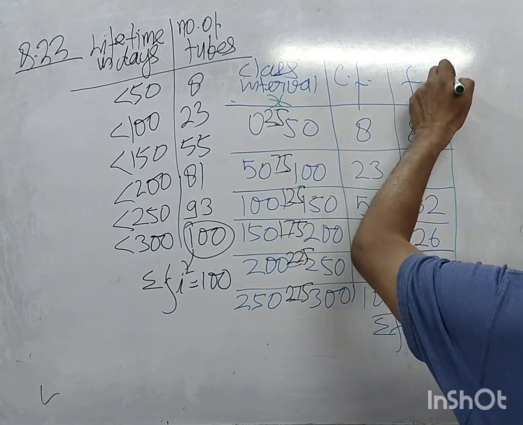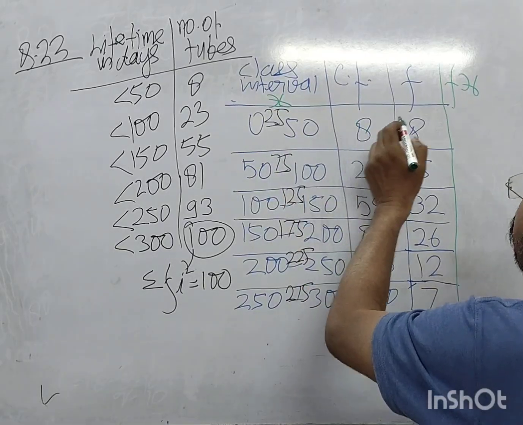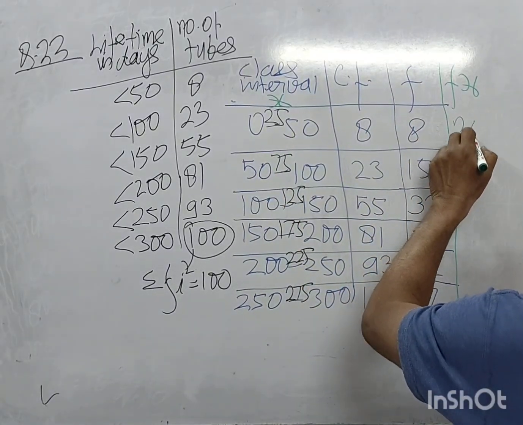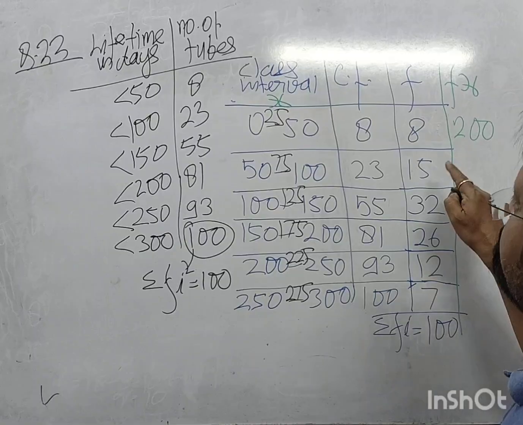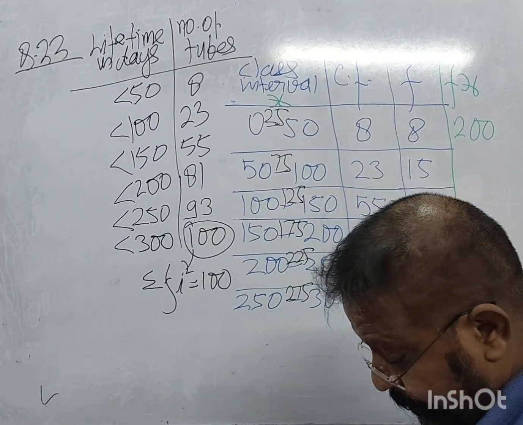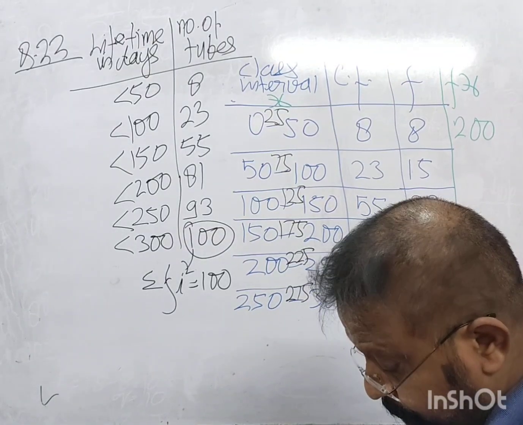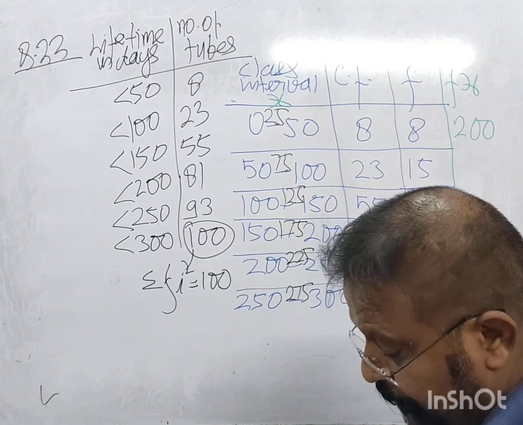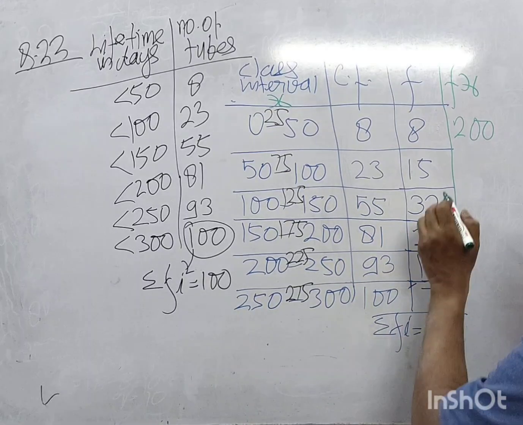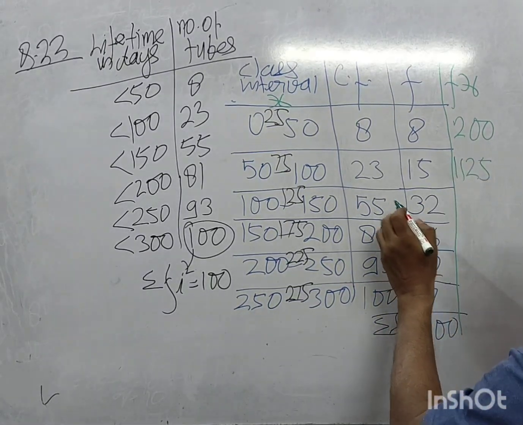So fx: 8 times 25 becomes 200. 15 into 75, 1125.